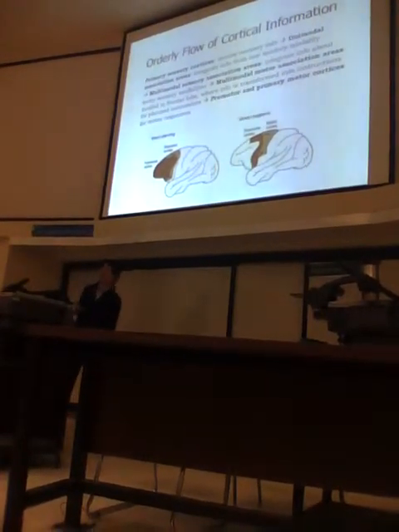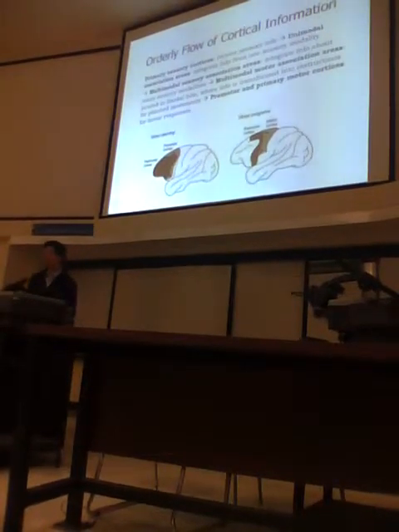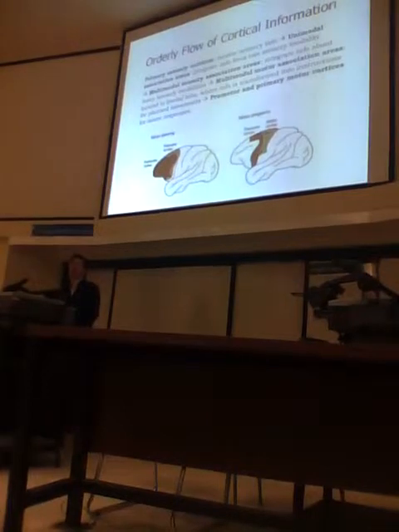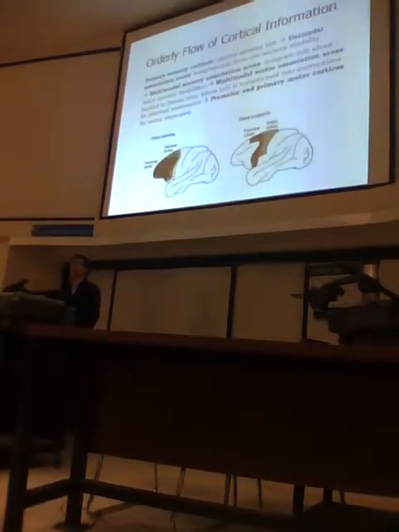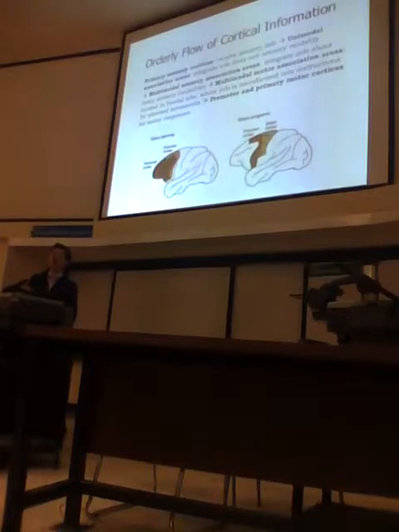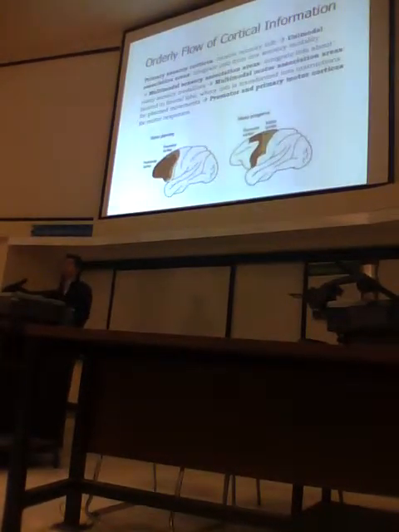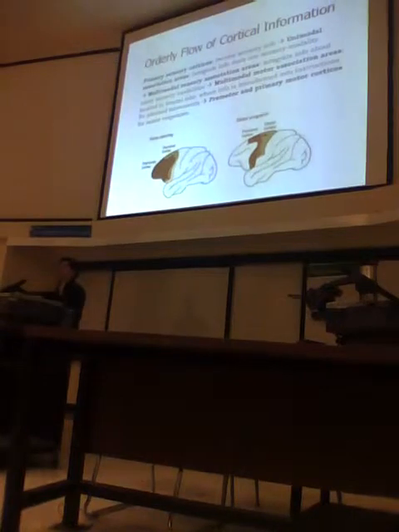For example, if it's touch, the sense of touch, the unimodal association area would integrate information on texture of an object, shape of an object, and so on. If it's vision, the unimodal association area for vision would integrate multiple aspects of visual information. For example, color, shape, position of the object in space, and so on.